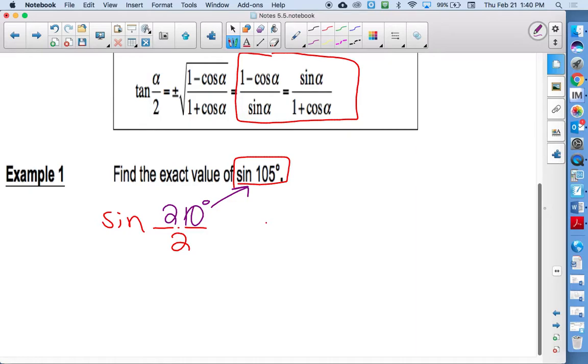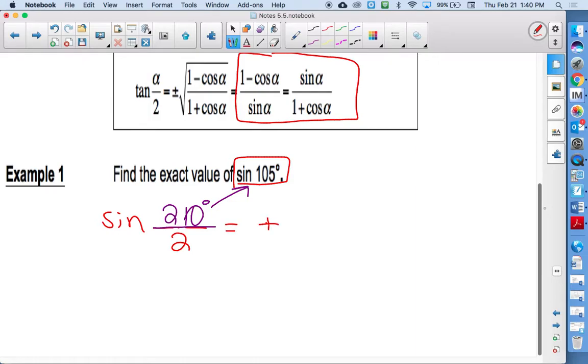So you want some angle that when you divide it by 2, using the half angle formula, it equals whatever angle we're trying to find, and that's 105 degrees. So once you pick the angle that you know on the unit circle, we know 210 on the unit circle, maybe. It's a little harder with degrees. You're so used to working with radians.